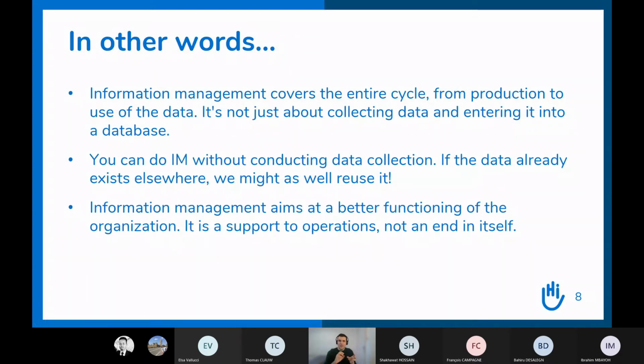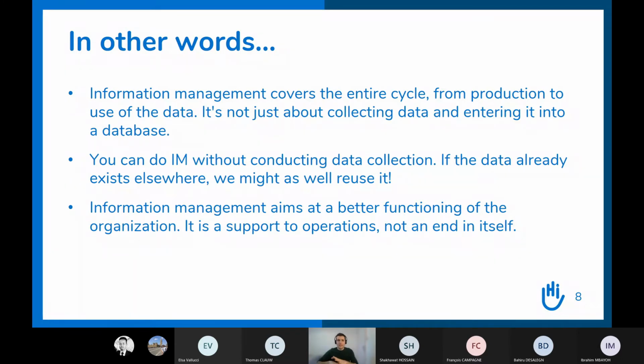So it's not just about collecting the data and putting it into a database. It starts before. It starts when you start designing your data collection, thinking about what you are going to collect and how you are going to do it. And then of course you have the collection, the part where you put it in a database, and then it continues after that, because after that you have the analysis and the dissemination of the data.